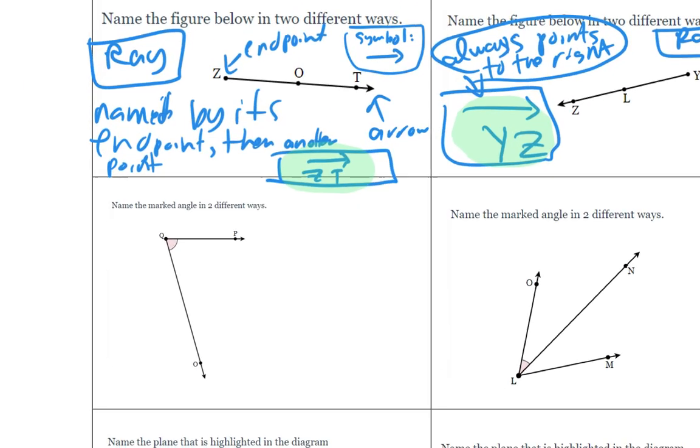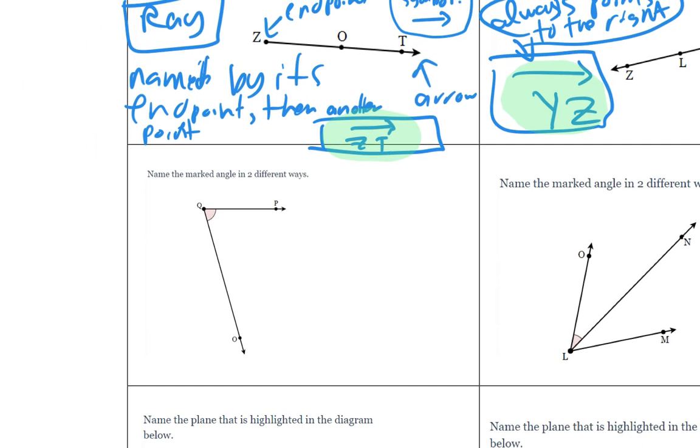All right, next. Name the marked angle in two different ways. So an angle is named by using three letters, and we go ray, then vertex, then ray.